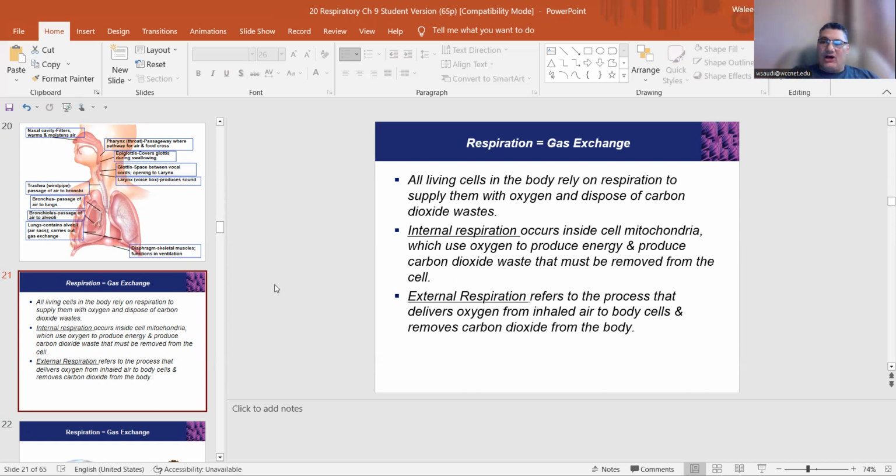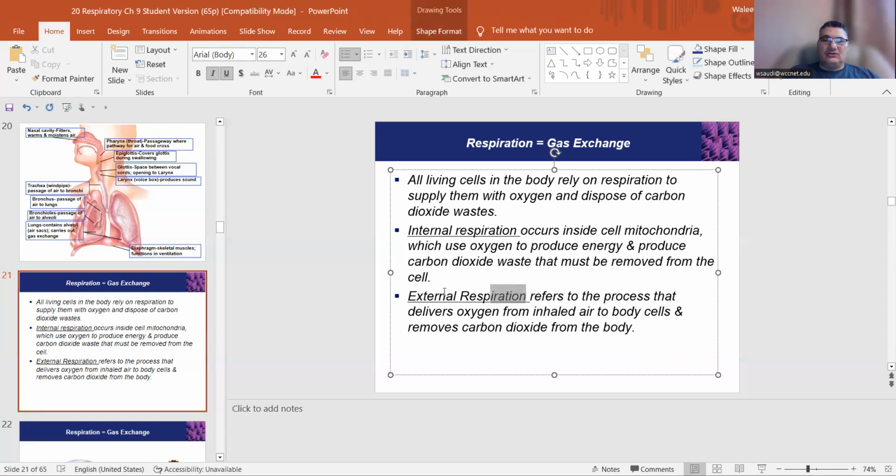All what I said so far is called external respiration, because this is the external gas exchange. Oxygen moves in, goes to the blood and goes to the cells, and through the same wall, carbon dioxide leaves out. So this part from the respiratory system until you go all the way to the cells, this is called external respiration.